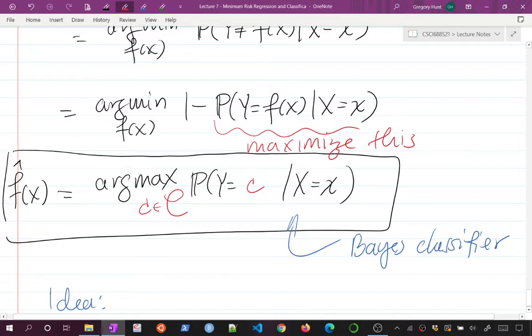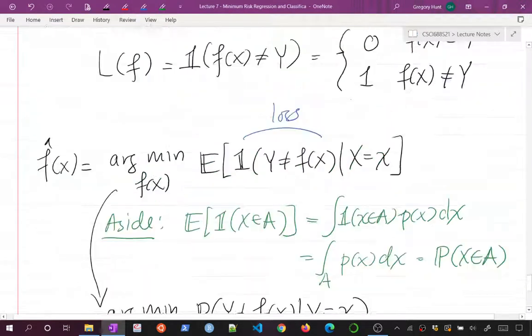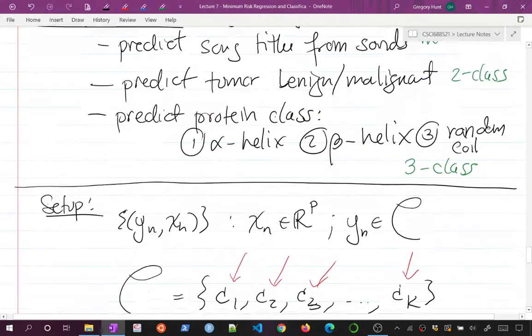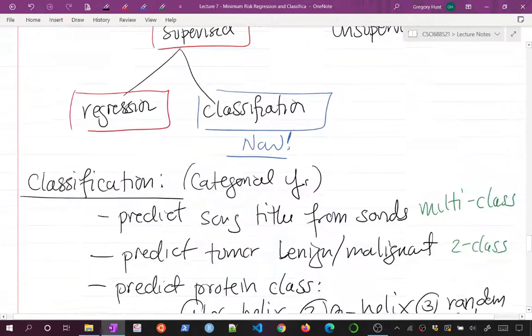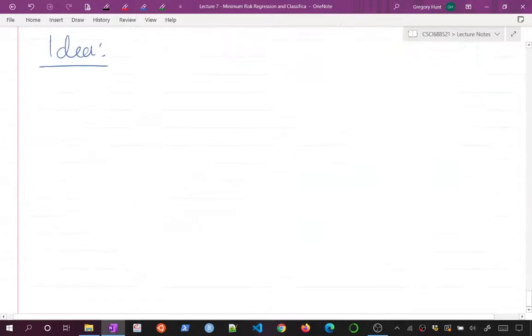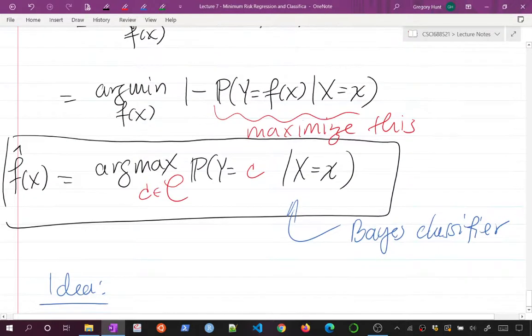Because my f of x is one of my classes, f of x in this case is predicting either C1 or C2 or C3, right? It's predicting the class. That's our setup. We want f of x to be about y. Y is one of our classes. F of x predicts whether it's C1, or it predicts it's C3. It predicts one of the classes, like alpha helix or beta helix, right? So f of x is just some class.